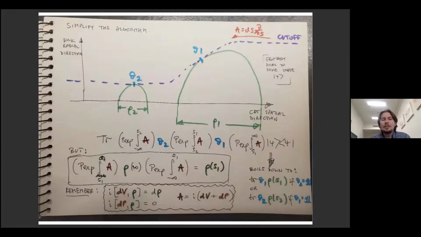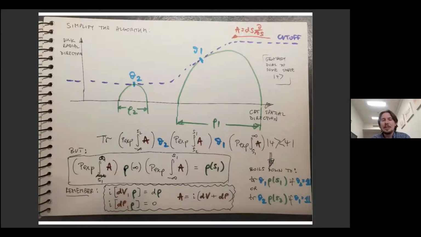It follows from this that if I happen to have one of these density matrices in the family, which is specified by the condition that their entanglement wedges are tangent to the cutoff, then conjugating it by a Wilson line of this A will bring me to another such density matrix in the same class.